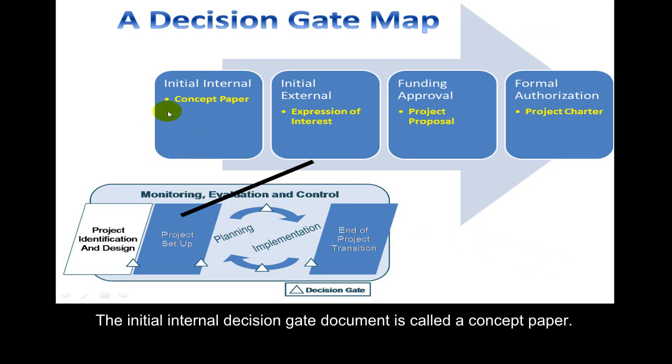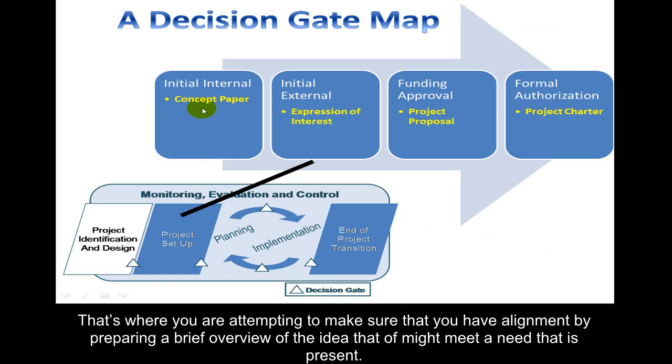I hope you got these correct, that the initial internal decision gate document is called a concept paper. That's where you are attempting to make sure that you have alignment by preparing a brief overview of the idea that might meet a need that is present.